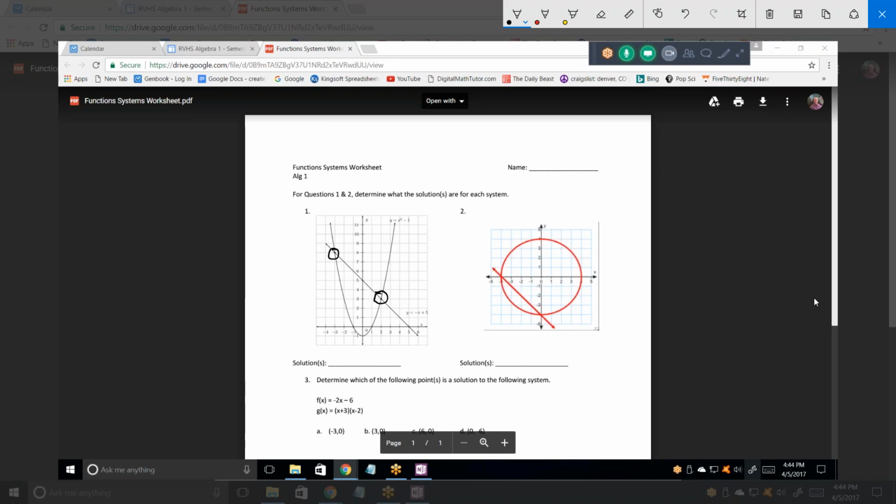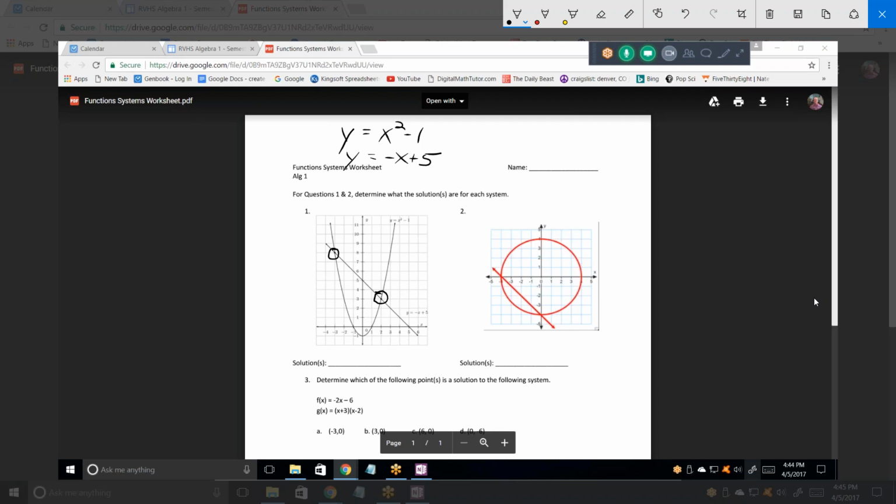Well, what I've got is the equation of the parabola is y equals x squared minus 1, and the equation of the straight line is y equals minus x plus 5. All right. So if I solve this system of equations, I will solve for the x value, and it should give me 2 different x values. I can see that the x values should come in at 2, and the other x value looks like it's going to come in at minus 3, right?